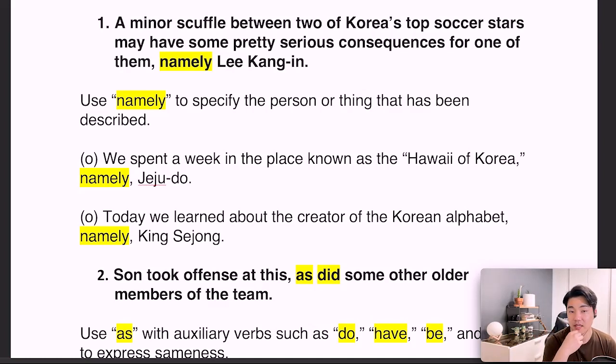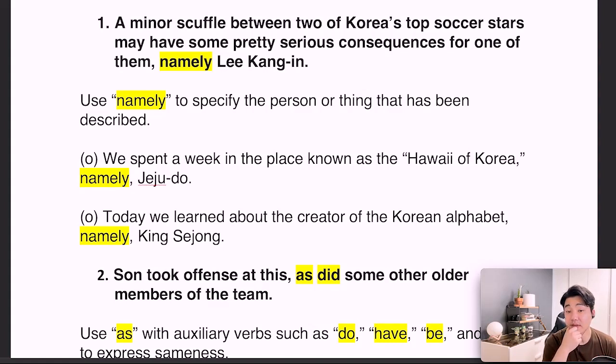Like, for example, we spent a week in the place known as the Hawaii of Korea, namely 제주도. So 우리는 한국의 하와이로 알려진 그곳 쭉 제주도에서 한 주를 보냈다. Okay.